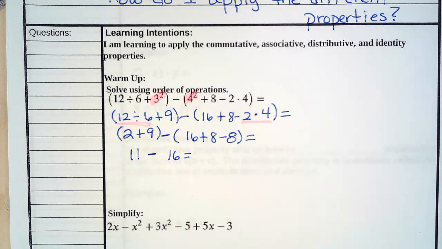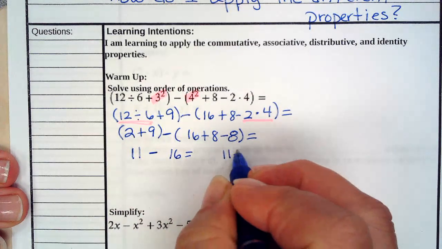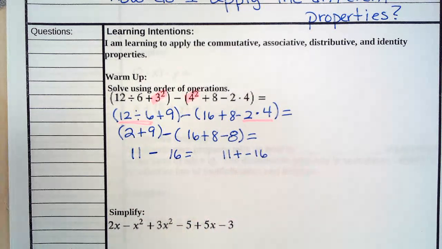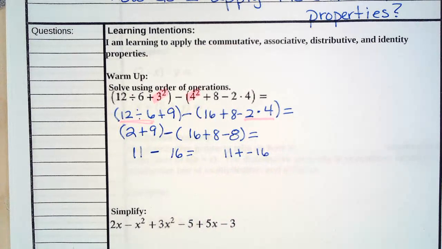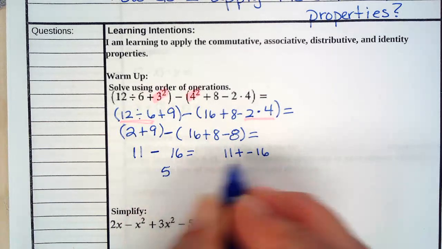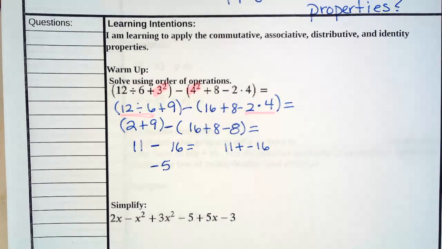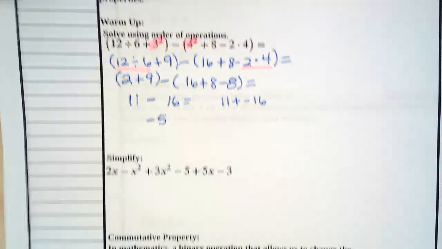I've got a positive and a negative. This is the same as 11 plus negative 16. I find their difference. 16 minus 11 is 5. The 16 is the bigger number, so it's a negative 5. Hopefully you were able to get that. If not, we'll work some more.